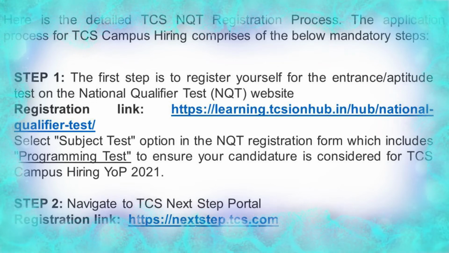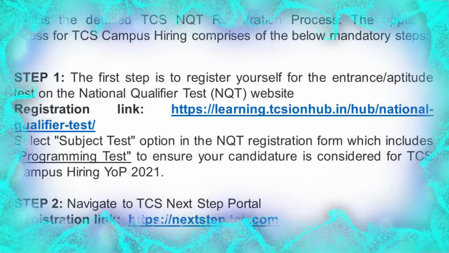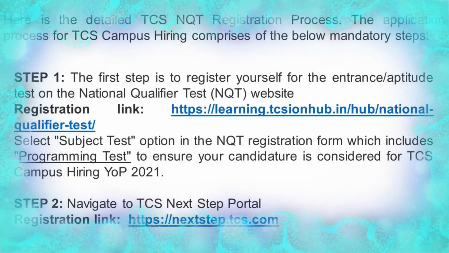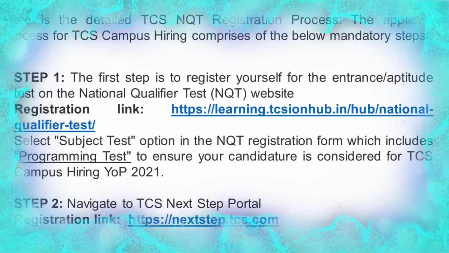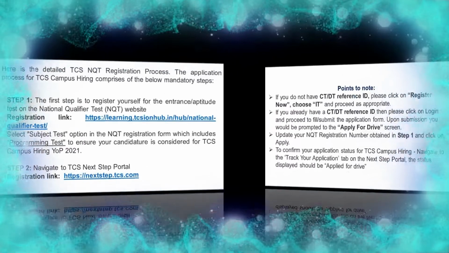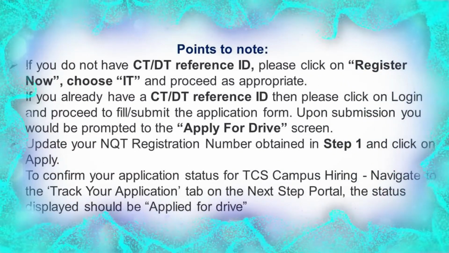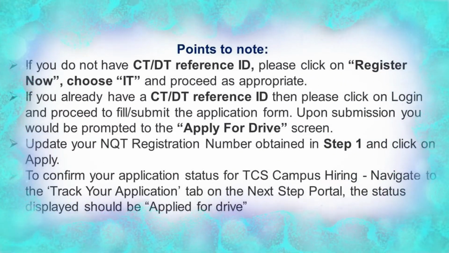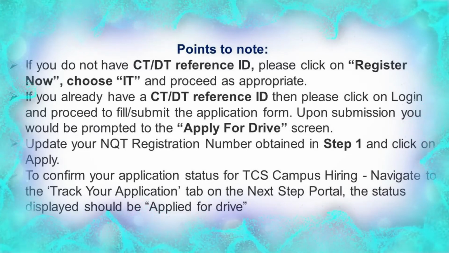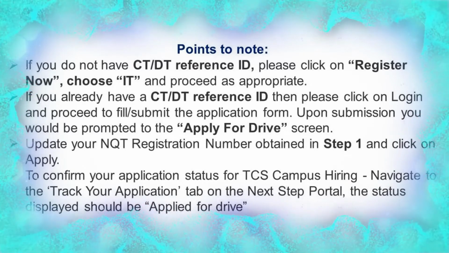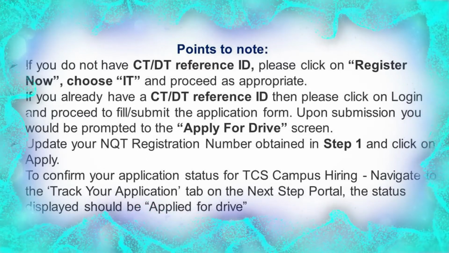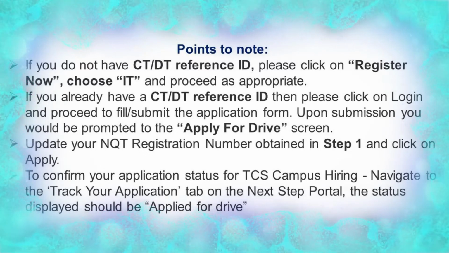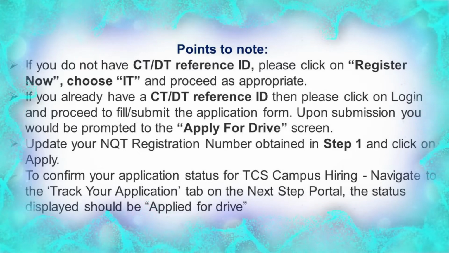Step 2 is to navigate to the TCS Next Step portal. The registration link is also given in the description box. Points to note. If you do not have a CTDT reference ID, please click on Register Now, choose IT and proceed as appropriate. If you already have a CTDT reference ID, then please click on Login and proceed to fill or submit the application form.